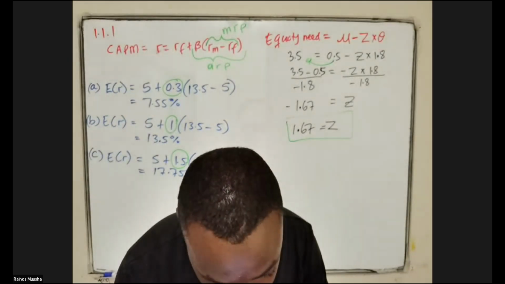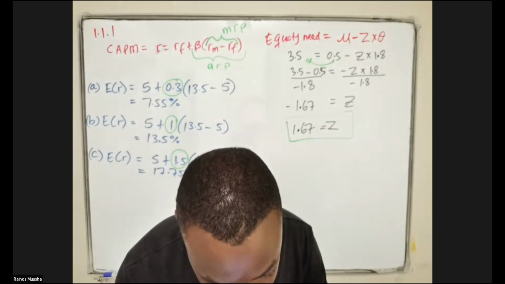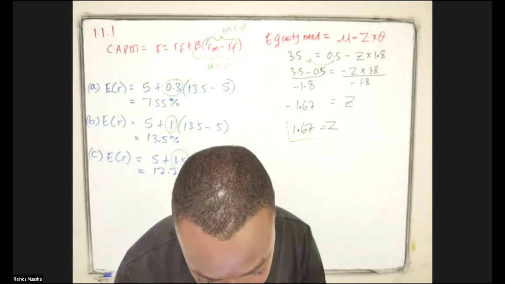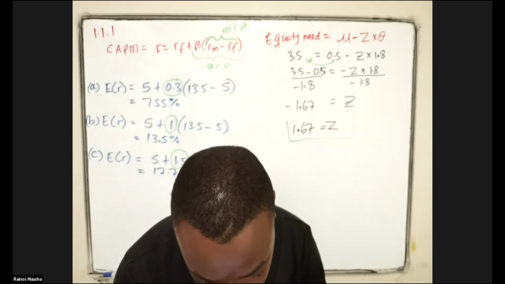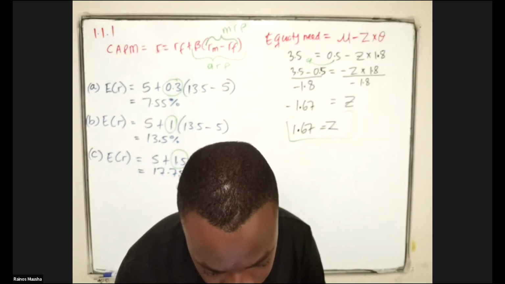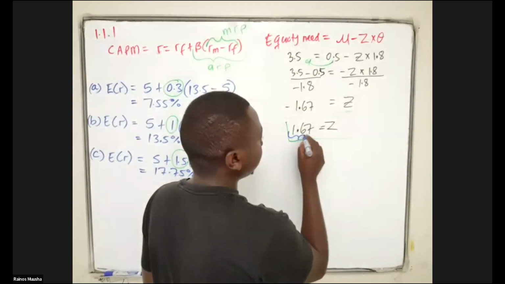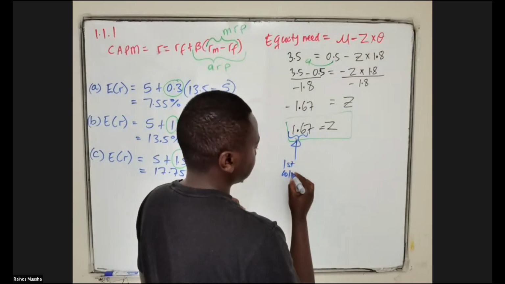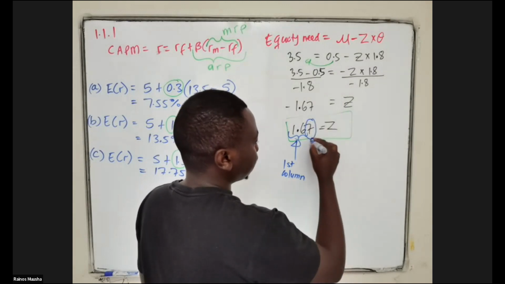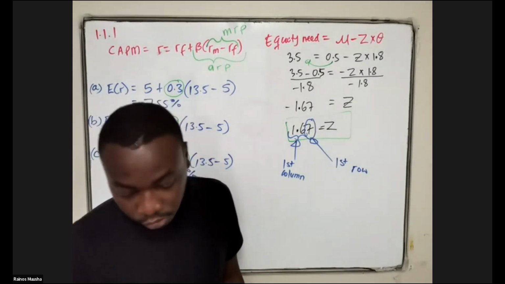On the normal distribution table, if you are given 1.67, on the first column you look for 1.6, and on the first row you look for a value with a 7 in it.